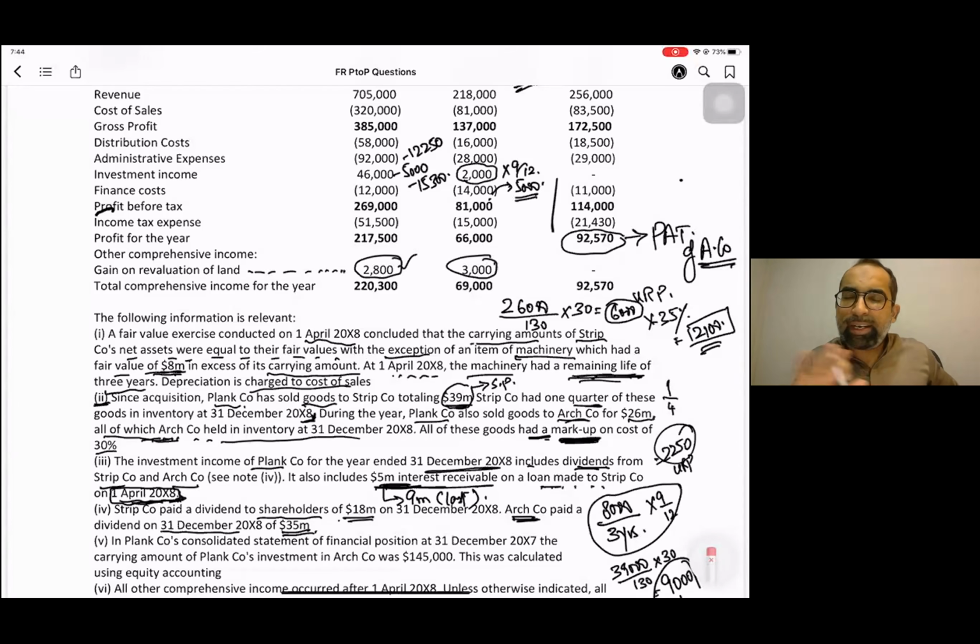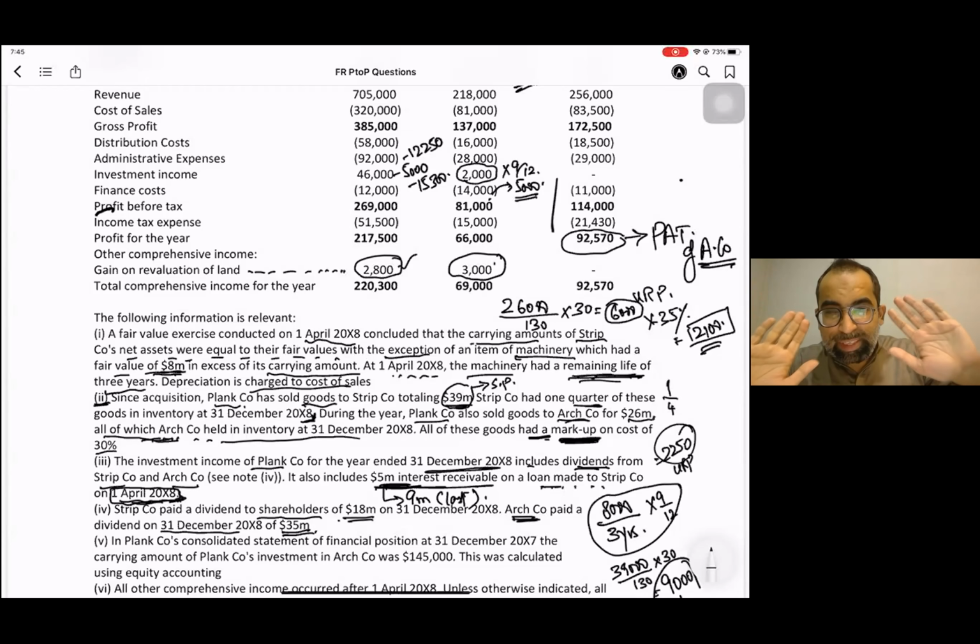But this S company was taken over on 1st April, so only 9 months. So a student may think to apportion this 3,000 by 9 upon 12.